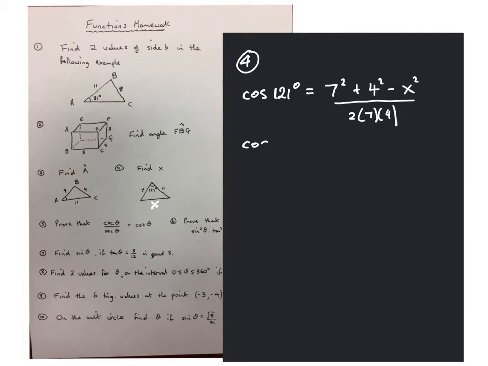So cos 121 equals 49 plus 16 minus x squared all over 56, excuse me. 7 times 4 is 28, and then times 2 is 56.